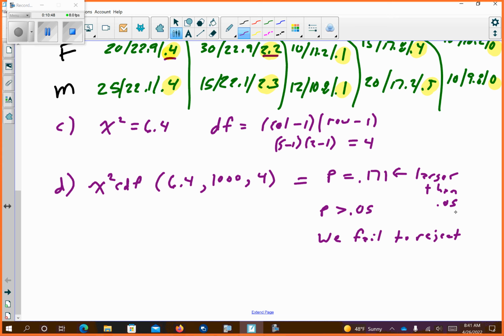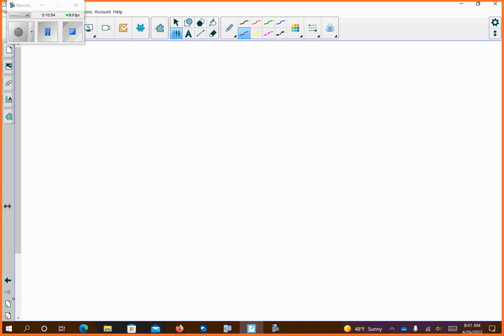Okay, and second page. The data gathered related to middle school and high school students and whether or not they tend to eat breakfast. So you have your table there from 10 to 13 and from 14 to 17.